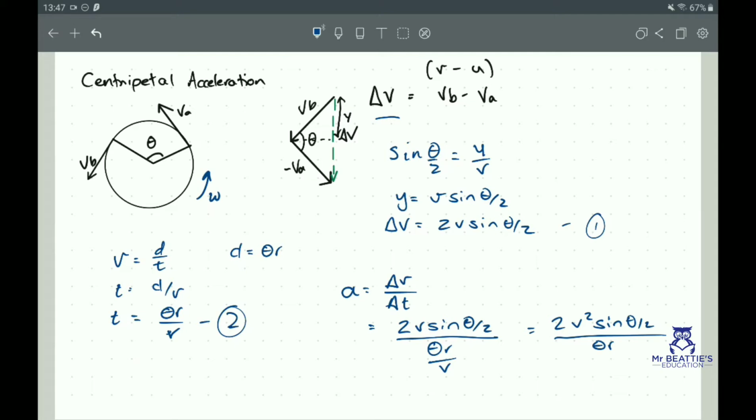From there, you need to remember that for small angles, sine theta is approximately equal to theta, and because we're dealing with radians, they're going to be small.